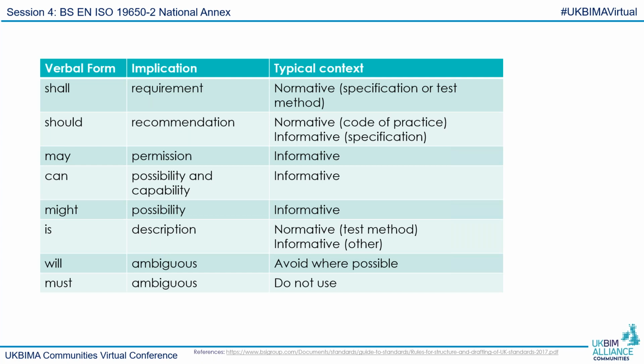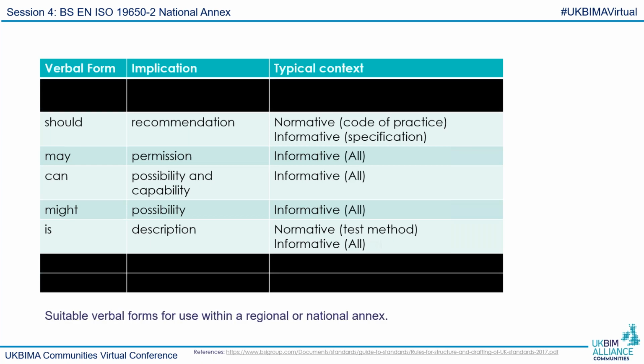And you can see there are other phrases that can be used. You should never use must. It's not really permitted, nor is will, because of how ambiguous they are as part of this process. So when writing a national annex and creating that text, you're limited to really only the informative forms, which means you're limited effectively to should, may, can, might, and is, which helps bring the language down a little.